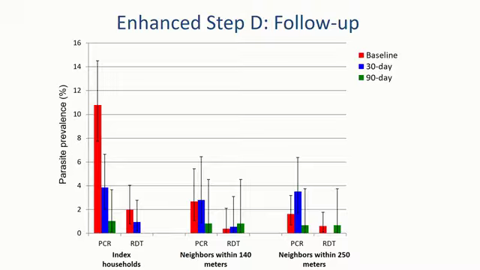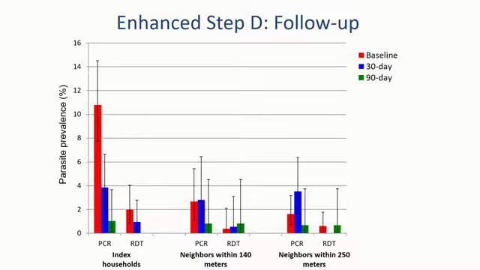So with the households, the sampling strategy goes from the index household out to the 250 meters, and we can look at variation in the genetics of parasites between index case responses.